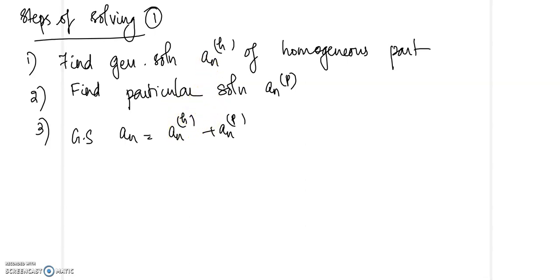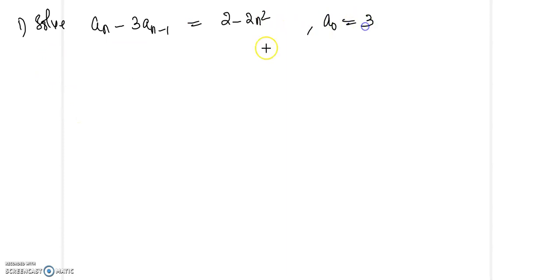So let us solve an example of a general linear recurrence relation. Solve a_n minus 3a_(n-1) equal to 2 minus 2n squared. We are given that a_0 is equal to 3.